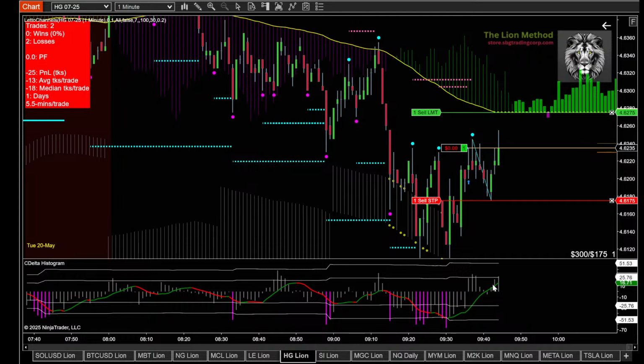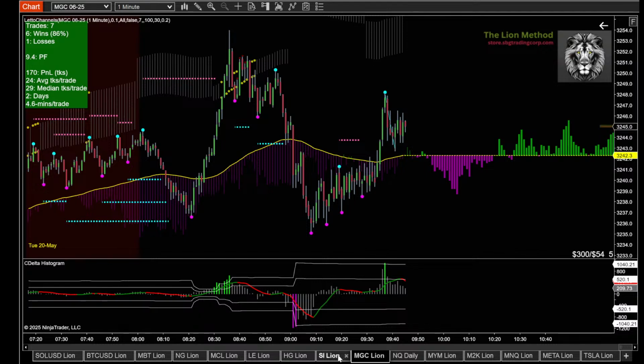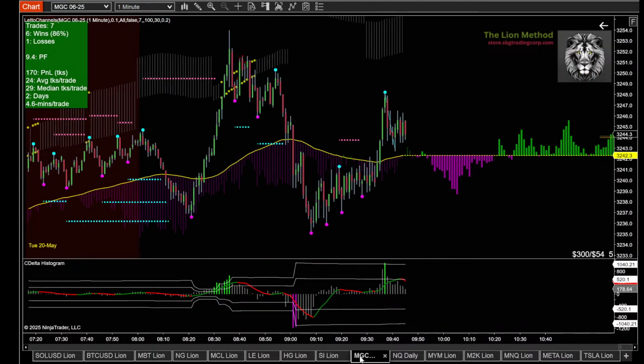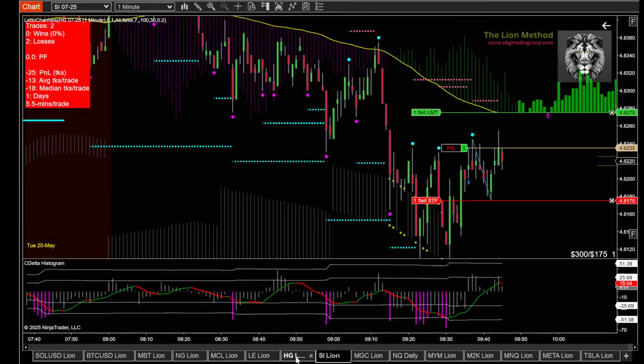Don't like the stall. Gold, silver, copper. Gold, silver, and copper.